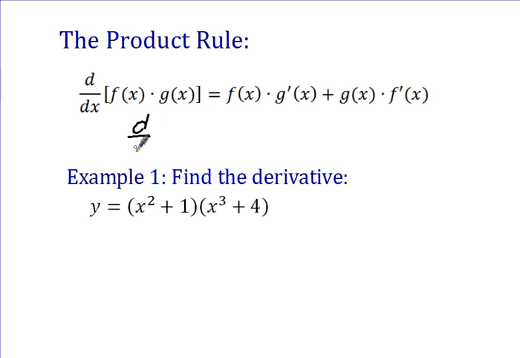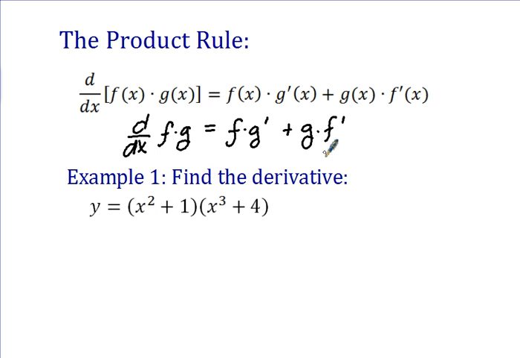We can write this using shorthand notation. Derivative of f times g is going to be equal to f times g prime plus g times f prime. And that's the version of this rule that we're going to add to your flashcards and your foldable, the version that I want you to memorize.